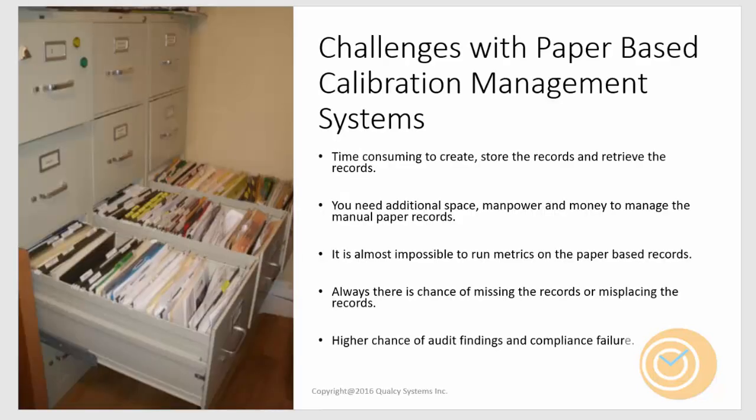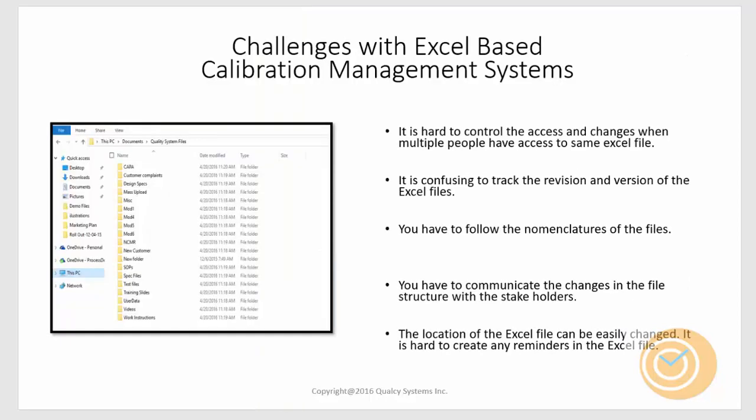As you know, there are lots of challenges when you are using paper-based calibration management systems. It's time-consuming, and you need additional space and manpower to manage the paper-based records, and there is also a chance of missing or misplacing the records. So most of the time we use Excel-based file systems.